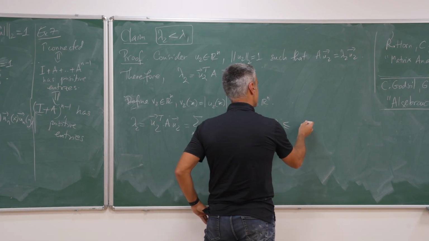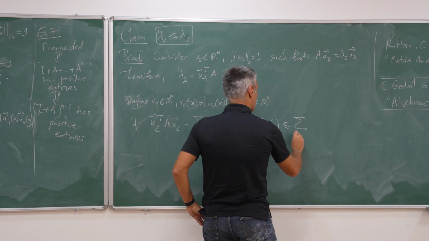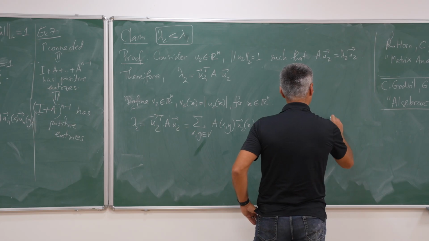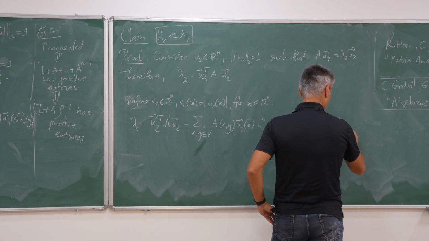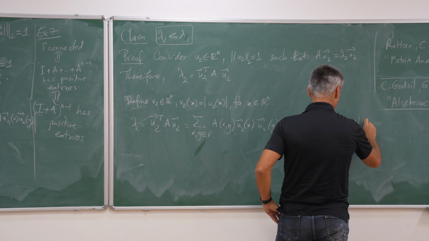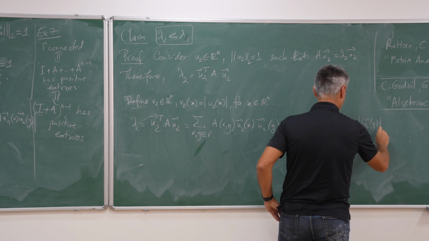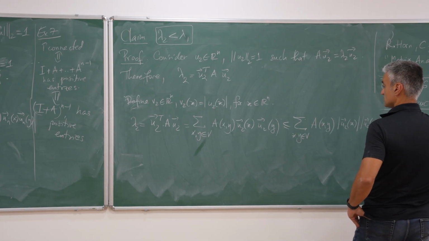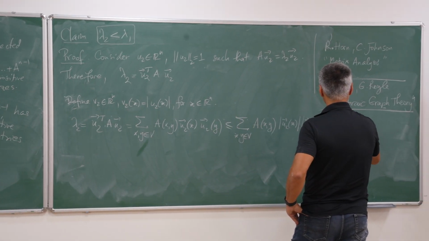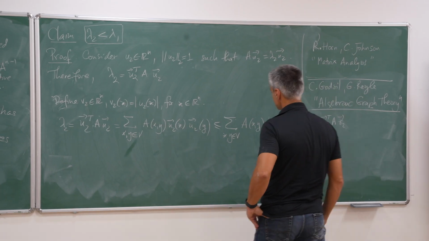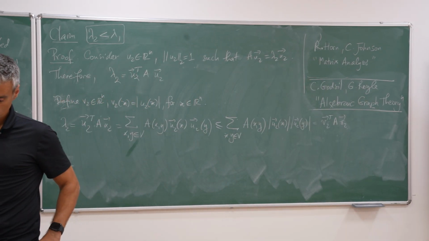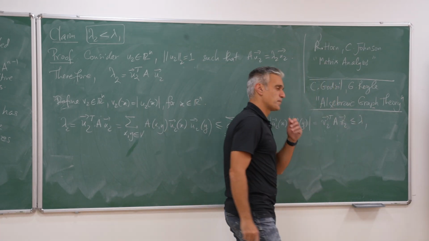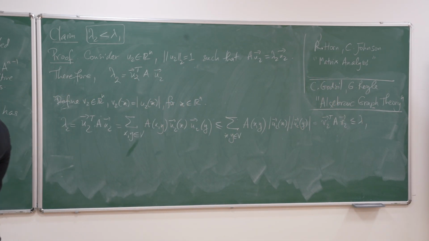And now we're going to say less than or equal to the summation over all x,y in V of a_xy times the absolute value of u2(x) times the absolute value of u2(y), which is the Rayleigh quotient of v2 transpose A v2. And that's going to be less than or equal to lambda 1. Okay. So it almost works.